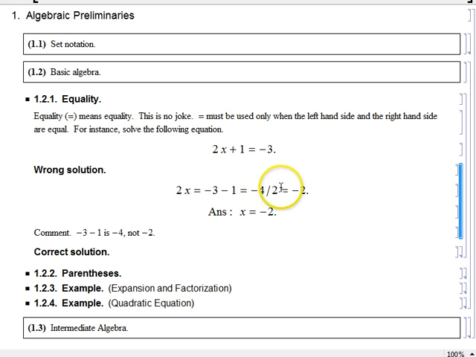Divide it by 2 and then you get negative 2. That's an answer, right? Correct answer, but wrong algebra. Look at this part. Negative 3 minus 1 equals negative 4 over 2. The left-hand side is negative 4, the right-hand side is not. This equality in the middle, right over here, is wrong.